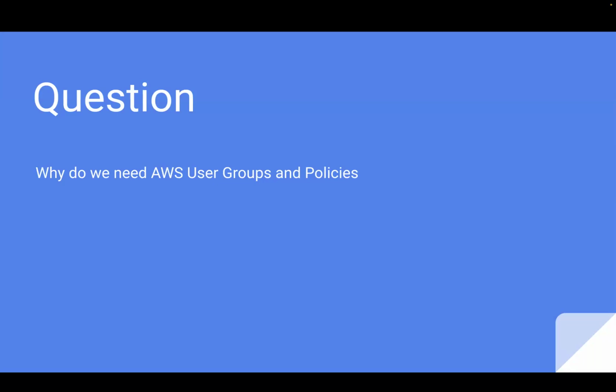I'd like to hear from anyone who has an idea why, on the AWS console, we should create user groups or a set of policies. I'll give some 30 seconds for someone to respond.